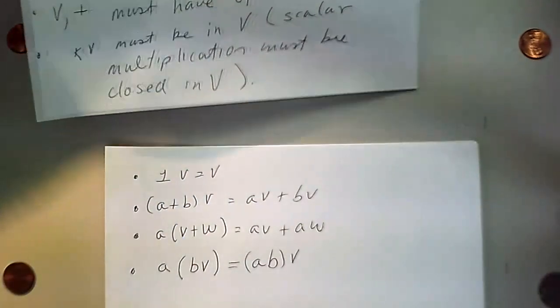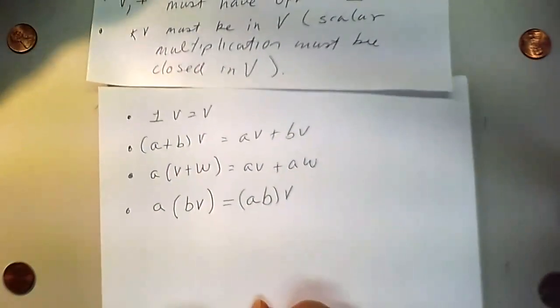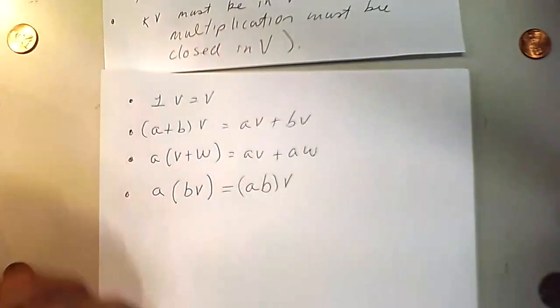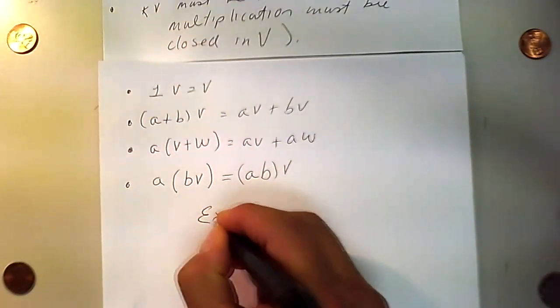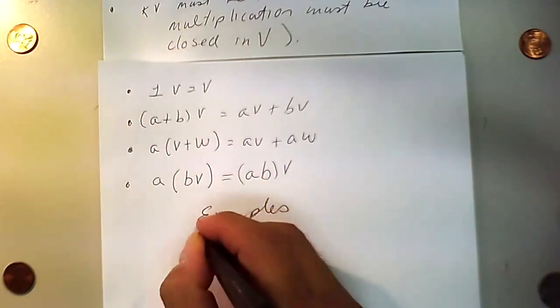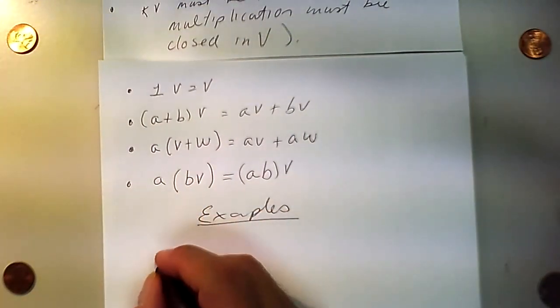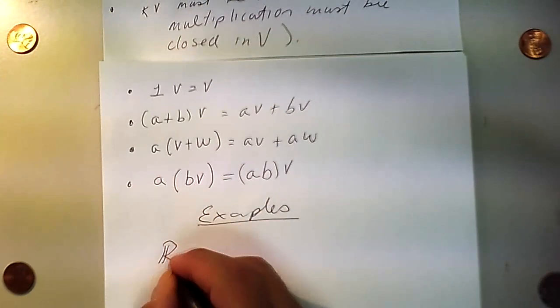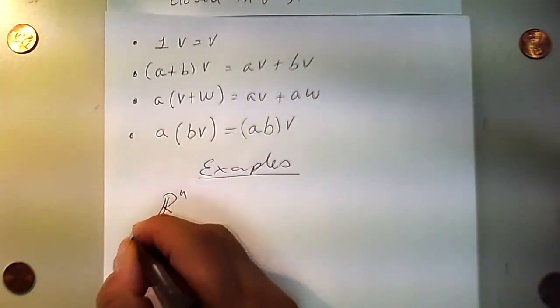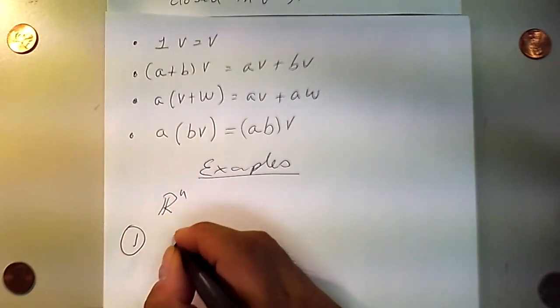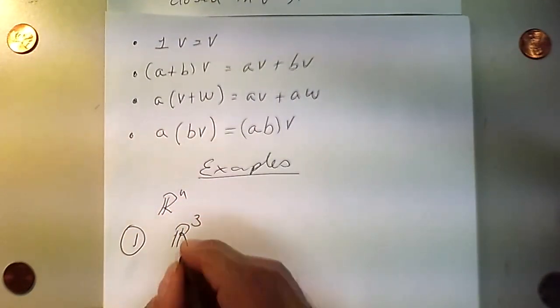And that is all the properties of vector spaces. Now, most of the examples that we encounter have to do with R to the n. So for instance, as an example, we have R cubed. So that is the vector space.